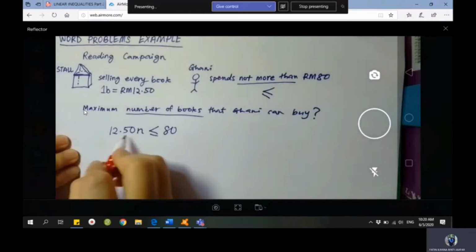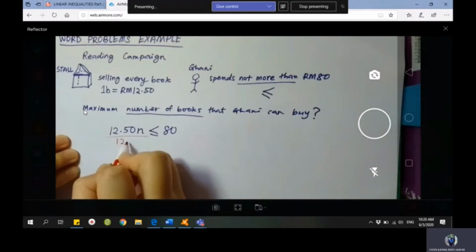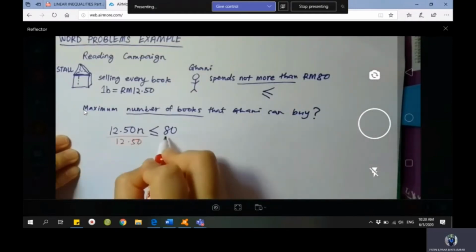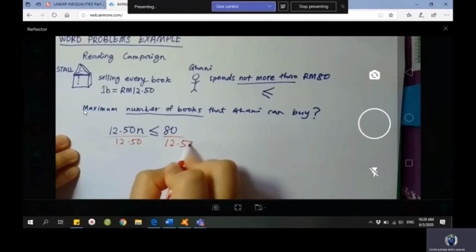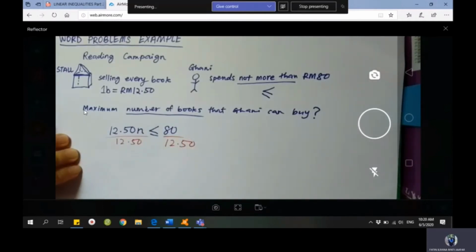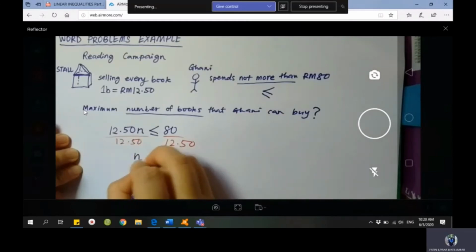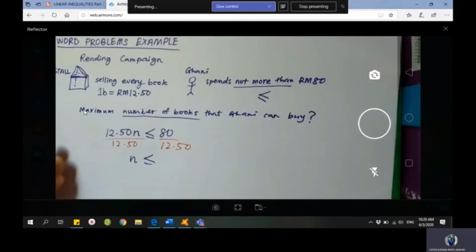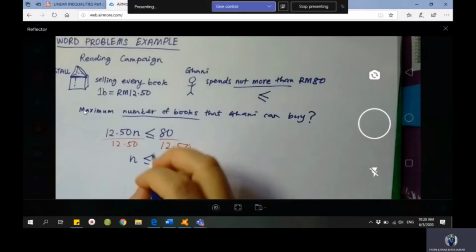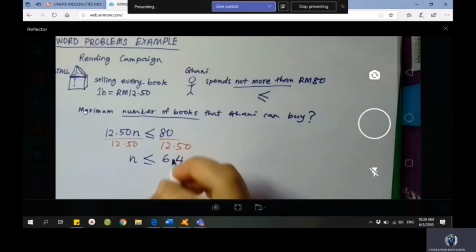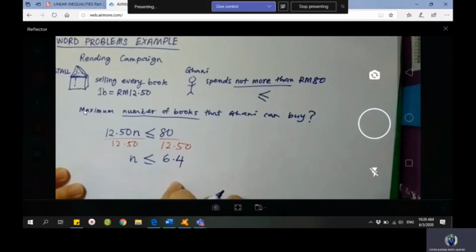Kita get rid 12.50. So divide 12.50, this side pun kena divide 12.50. Okay, so we will have N is less than or equal to 80 bahagi 12.5, 6.4. Okay, so buku yang dia boleh beli adalah kena less than or equal to 6.4.